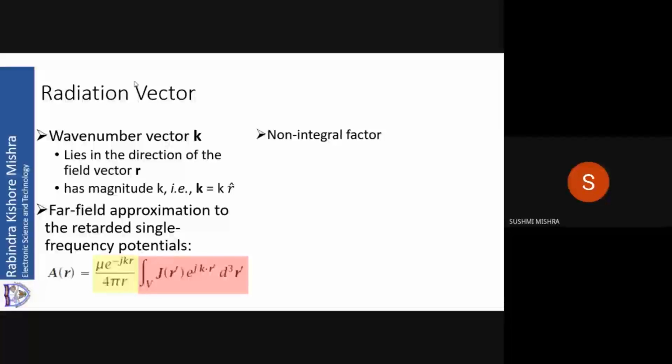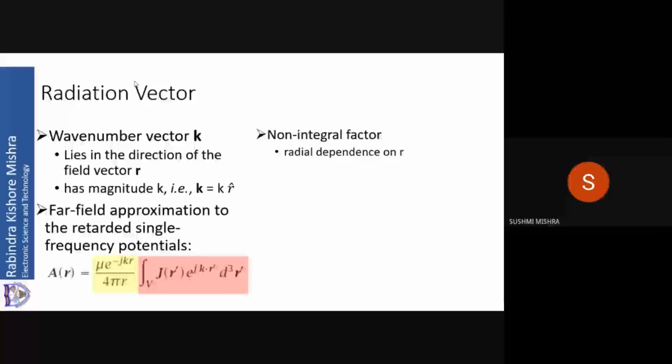The non-integral factor contains the dependence on R. So the radial dependence is completely within the non-integral factor. So the non-integral factor is not contributing to the field distribution or to the angular field distribution.